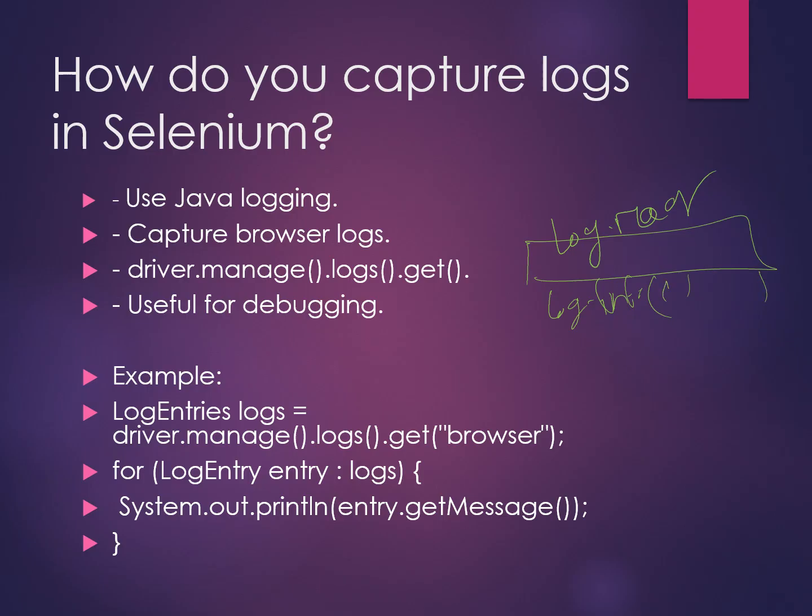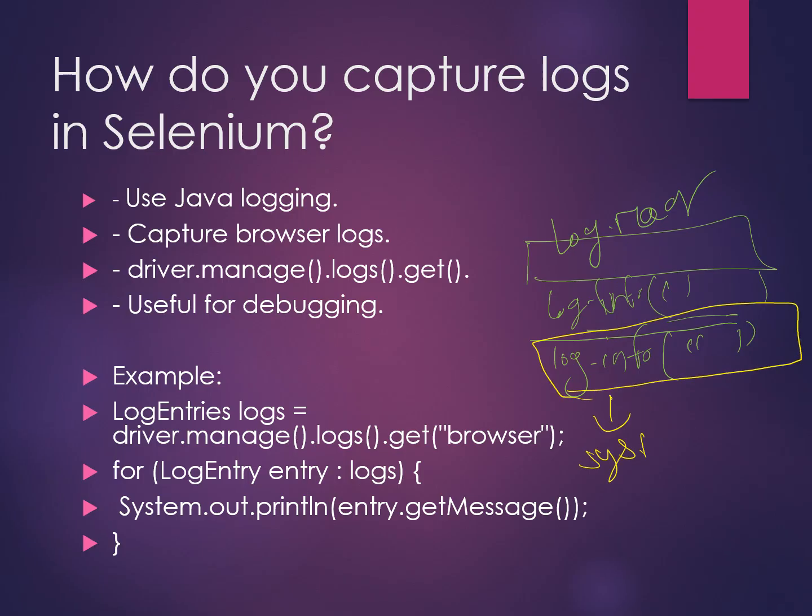Whenever you implement log.info, that means your application is going to click on this element, then you say click on the element and element value, then you can see that element value on the console. Log.info works the same as System.out.println, but System.out.println we don't use at the framework level, we use log.info.